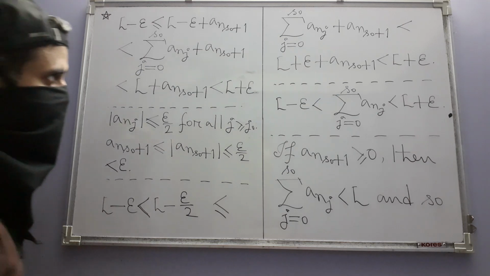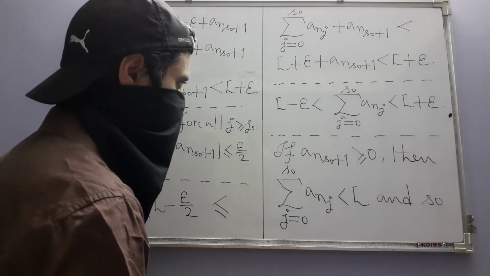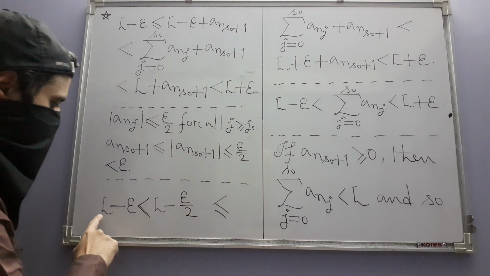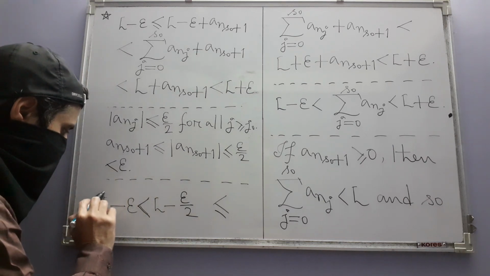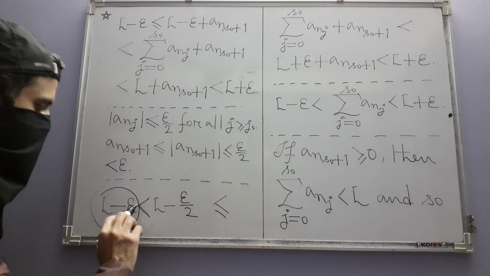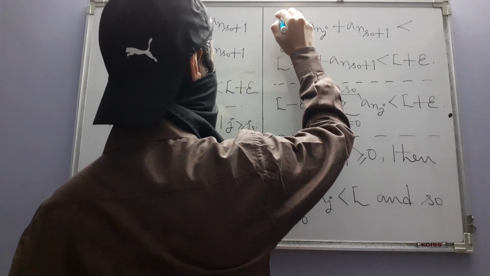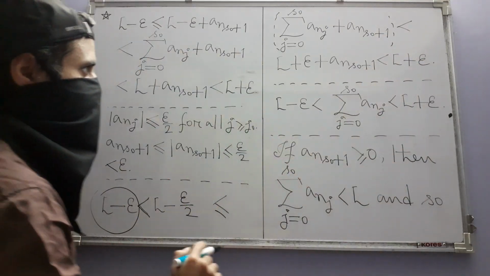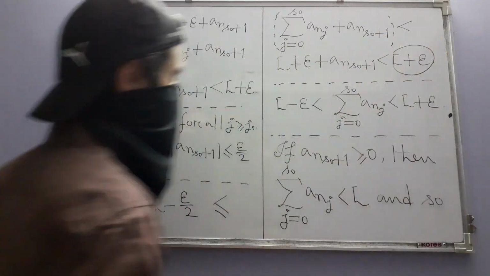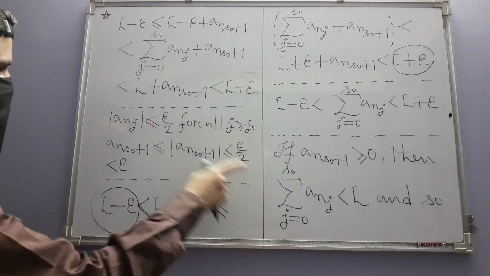So now you can see that we have got actually the same thing. Here, for example, L minus epsilon is less than, these are the important parts, L minus epsilon is less than this sum, this term which is less than L plus epsilon. What happens in this case?